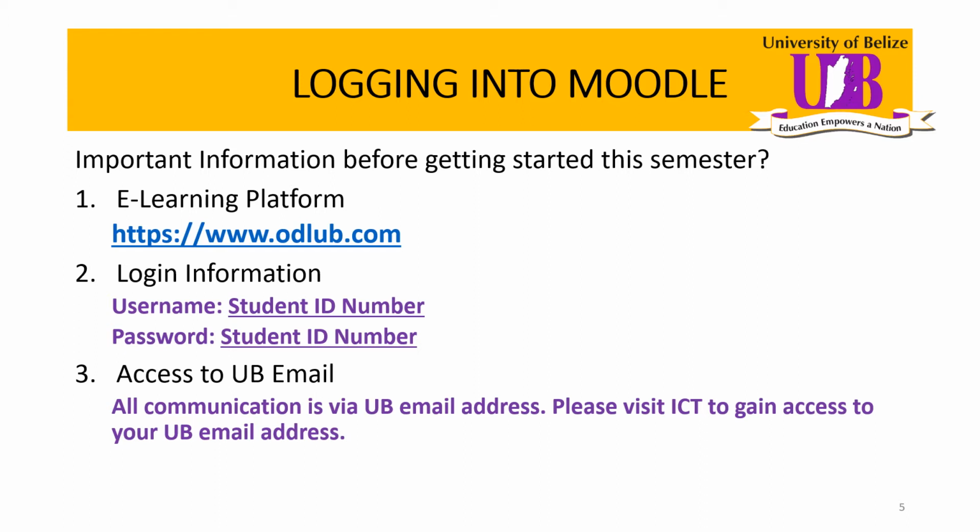Once your password is changed and the process is completed, you will have access to all your courses within the system. Now, your UB email account, you must have access to your UB email account, so this is a requirement for Moodle. If you are unable to access your Moodle account, the UB email must be used to reset your password.